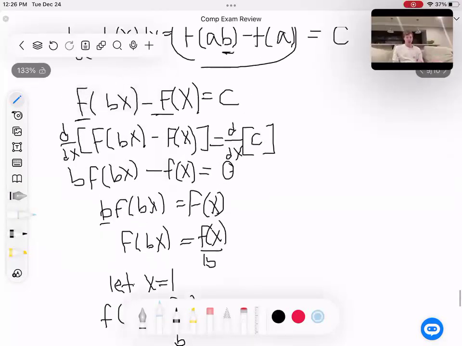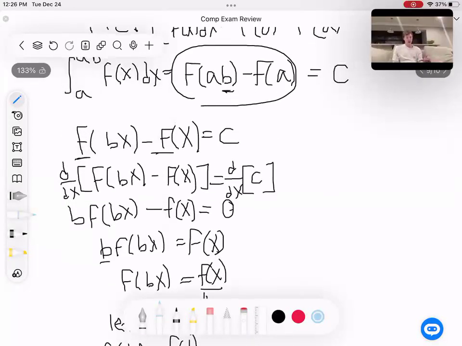So just to summarize, we use the fundamental theorem of calculus, and we say, since this is true for all values of a, and since a actually doesn't really matter, it's independent of a, we can replace it with x and differentiate it. And what we're going to get is b times f of bx minus f of x is equal to 0.